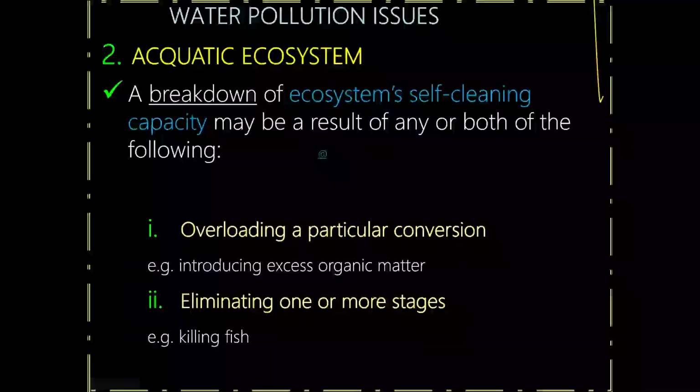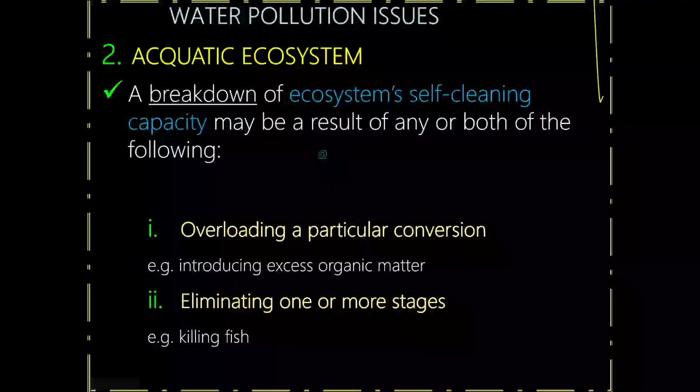Then eliminating one or more stages. When you come to the aquatic ecosystem, it has its own cycles. We have the nitrogen cycle, the oxygen cycle. All these cycles are supposed to be working hand in hand. They are supposed to be in place.